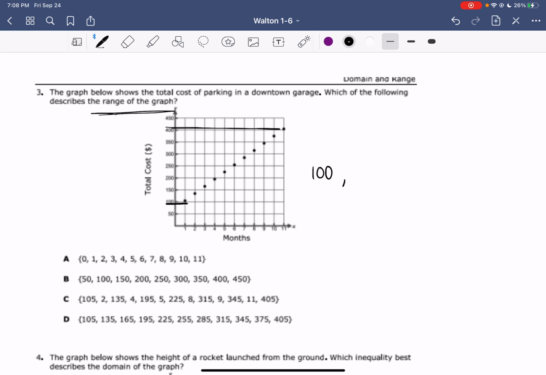So something needs to go up to 400, a little bit higher than these numbers. When we look at our answer choices, A, B, and then C looks like it could be right, but we notice that these are not indicating x values or y values; this one includes x and y. So we just know that would be our answer, because it's from negative 105 to 405.